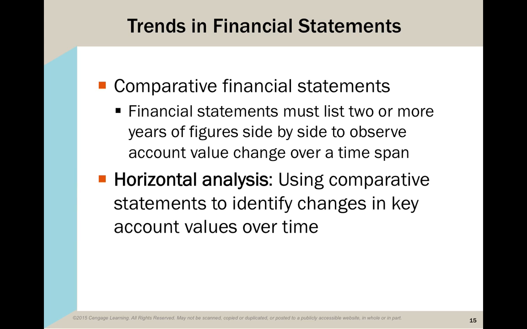So the comparative financial statements are broader, and the horizontal analysis is much more specific. The SEC makes it mandatory for publicly traded corporations to present comparative financial statements. And many firms that aren't publicly traded also present these statements, even though they're not required to by GAAP.